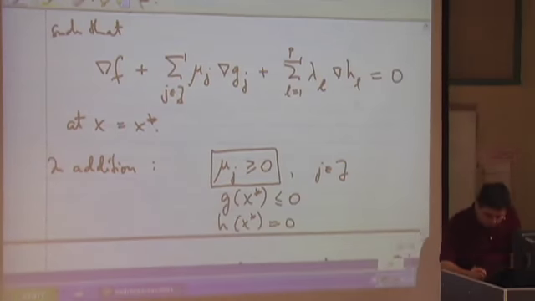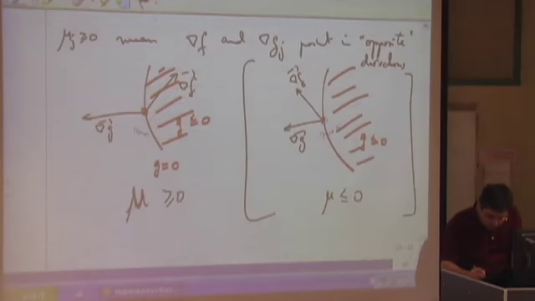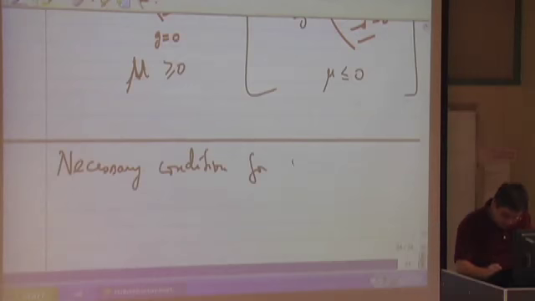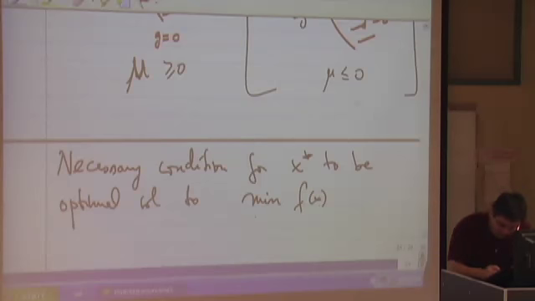So let me state a necessary condition for x star to be an optimal solution to the minimization problem subject to g less than or equal to 0, h equals 0.